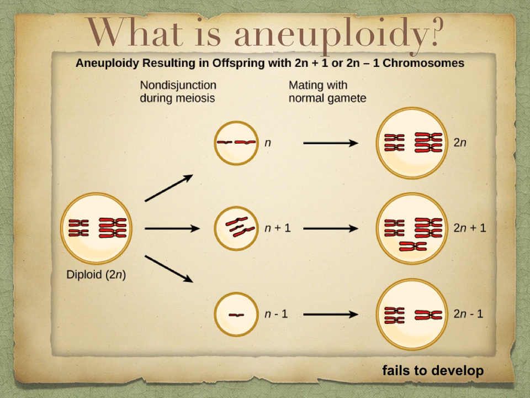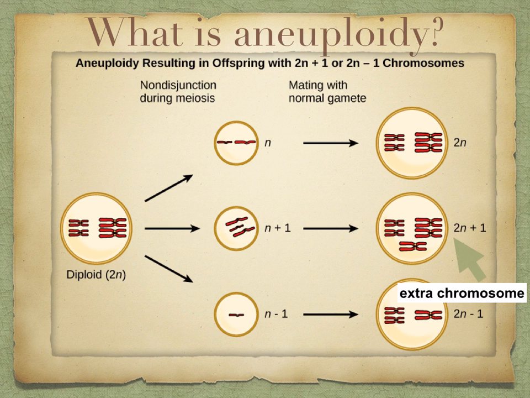If the gamete N-1 mates with a normal gamete, the zygote formed will usually fail to develop. If a gamete N+1 fuses with a normal gamete, the zygote formed will have an extra chromosome.